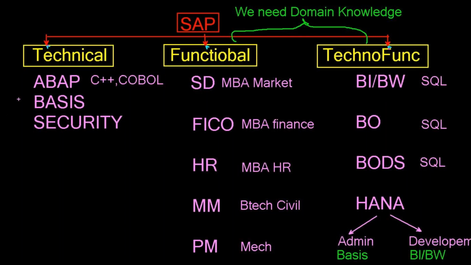And if you want to learn basis and security, for these two modules, in the technical modules, even in technical modules we need domain knowledge. For ABAP, C++ and COBOL are the domain knowledge. But if you want to learn basis and security, no need for any domain knowledge.